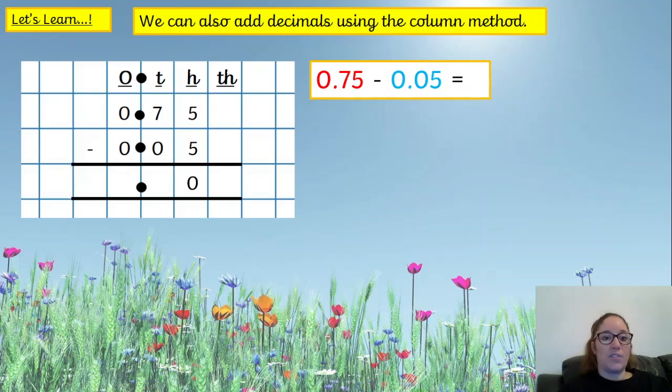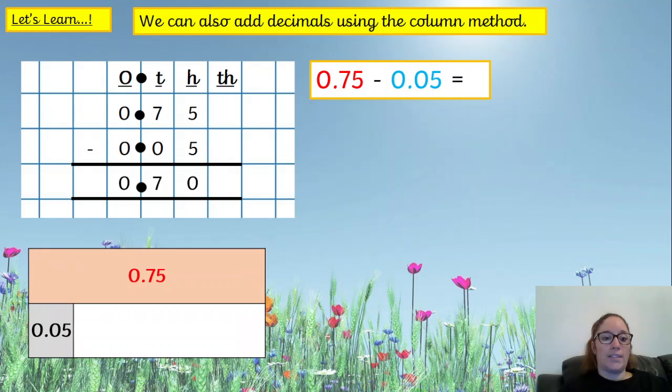We can do 7 take away 0, which is 7. 0 take away 0 is 0. So we've got 0.70. And we can also show that in a bar model. So our 0.75 is our largest number. That's our total number which we're subtracting from. And we know we're subtracting 0.05. So what's going to go in our bottom box?